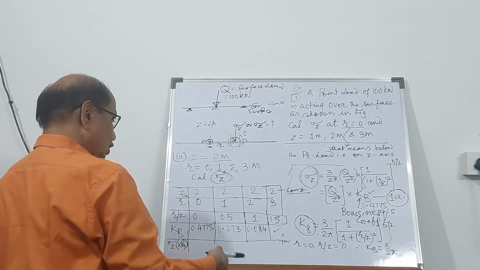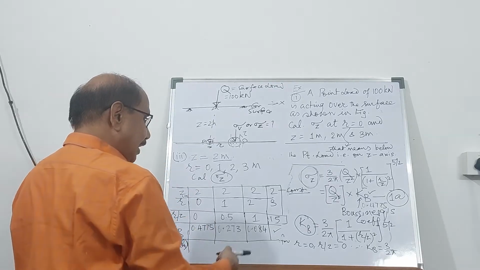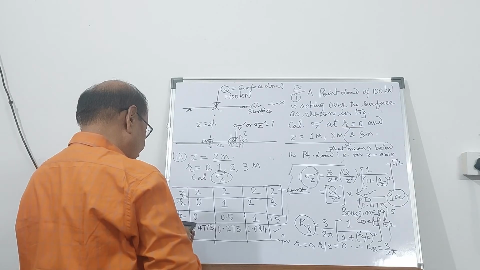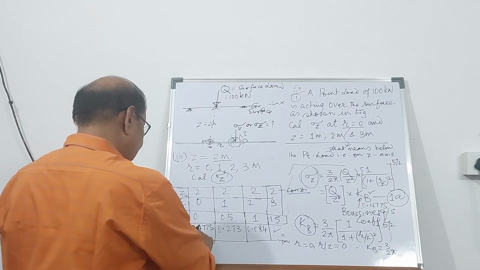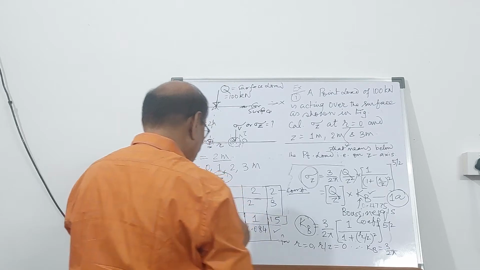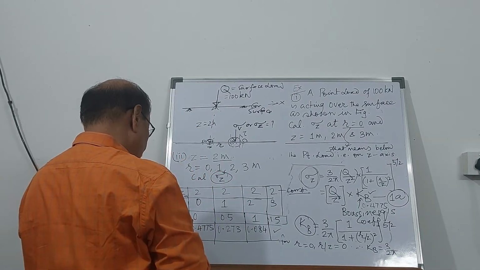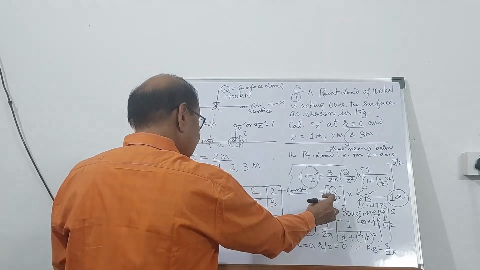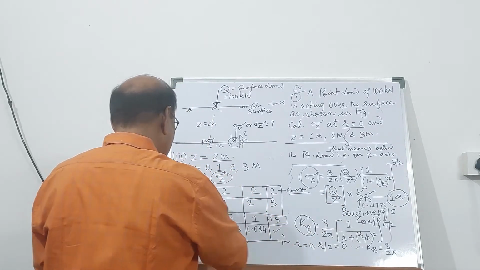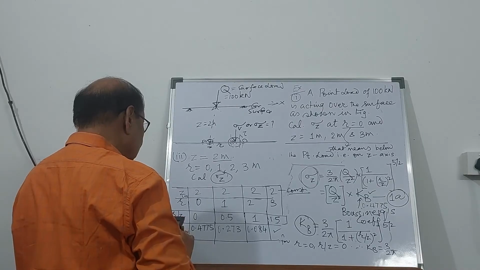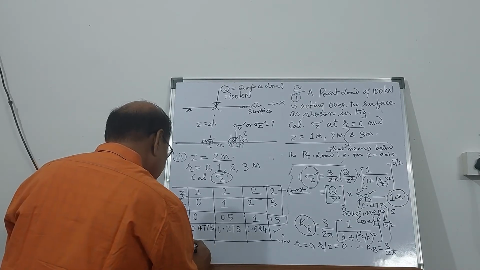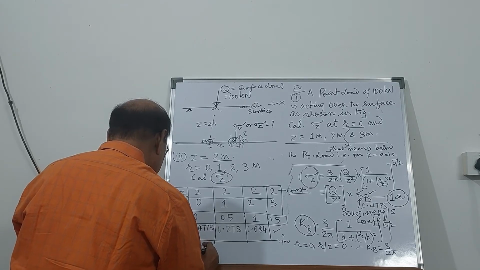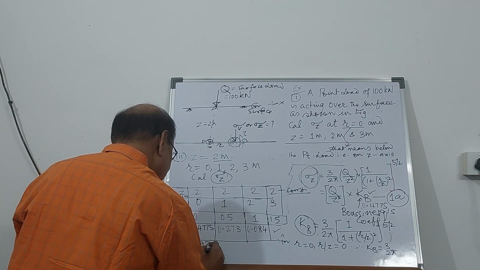So you can find it out: 0.4775, Kb, into 100 divided by z square, that means 2 twos are 4, is 11.93 kilopascal.